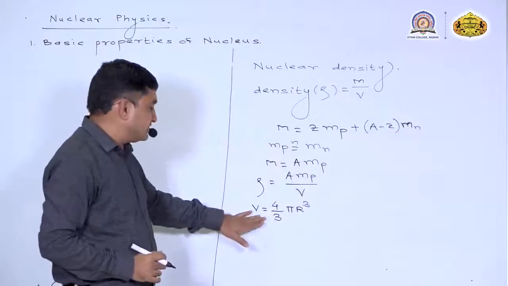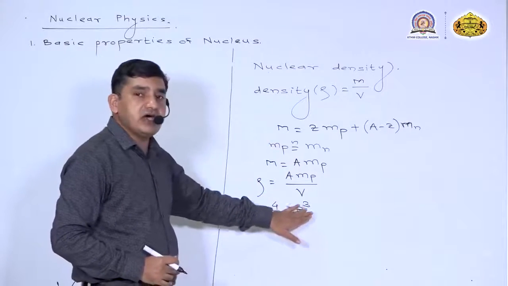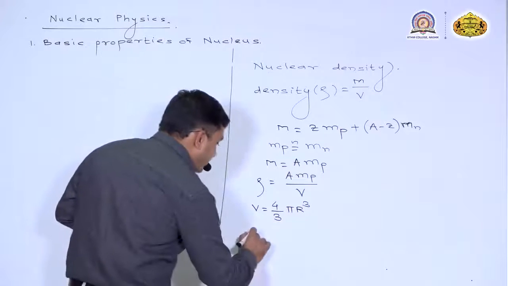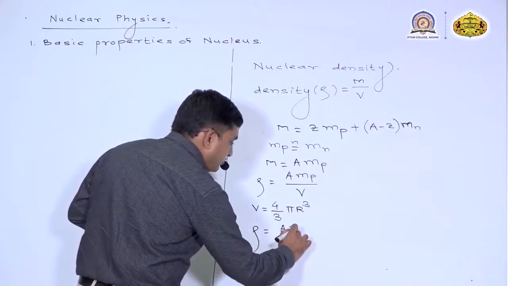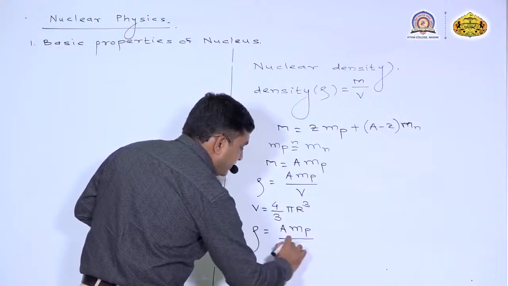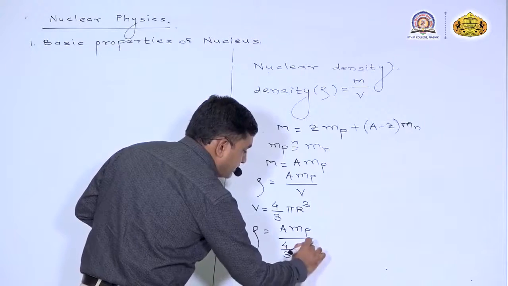Therefore we can say that rho is equal to A into Mp divided by 4 by 3 pi r cube.